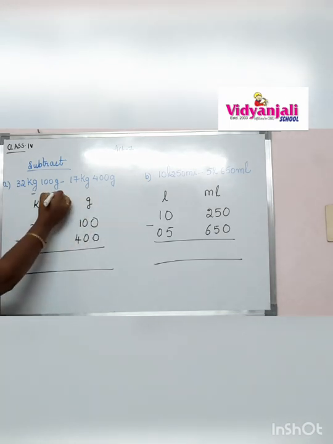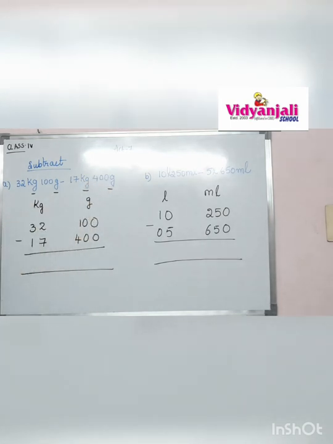Here they have given the units kilograms and grams. So I have written the units and separated them, and below that I am writing the given numbers. 32 kgs 100 grams minus 17 kgs 400 grams, with 17 below kgs and 400 below grams.